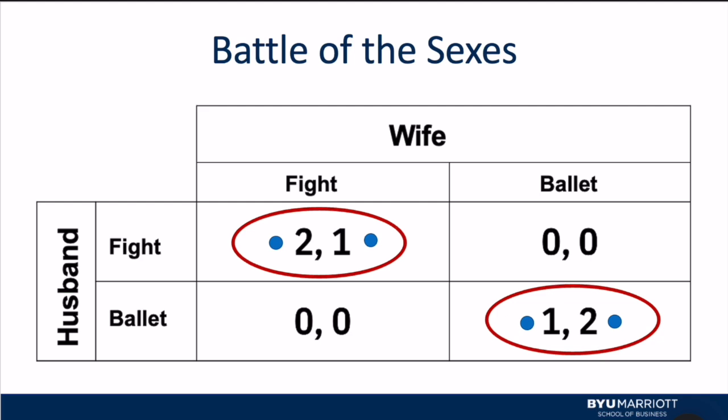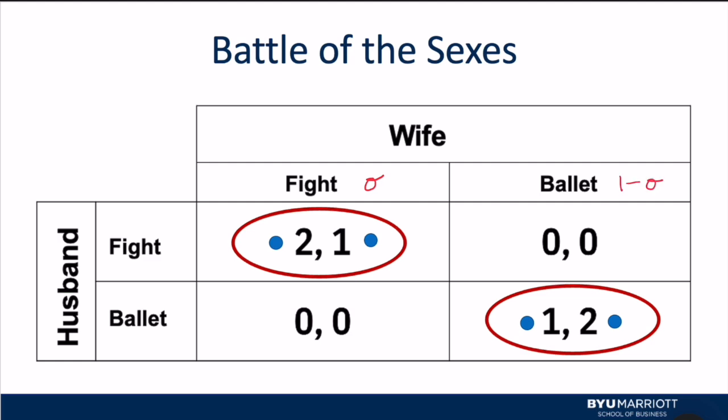The way we're going to think about this is, if I'm the husband trying to decide between going to the fight versus going to the ballet, I know that there's some probability that my wife is going to pick fight. We're going to call that probability sigma, the Greek letter we're going to use here. If that's sigma, then the probability that she chooses the ballet is 1 minus sigma.